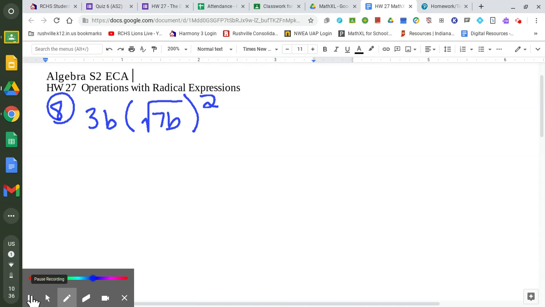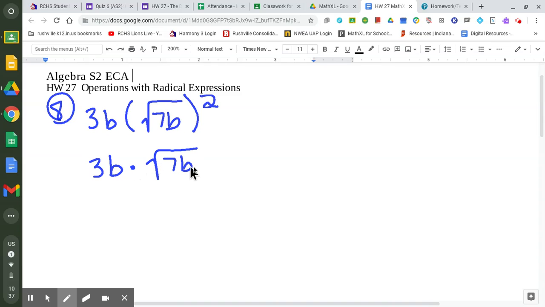So number 8, we need to take care of the exponent first. So really what this is 3b times square root of 7b times square root of 7b. So 3b times, and we can multiply those two together.